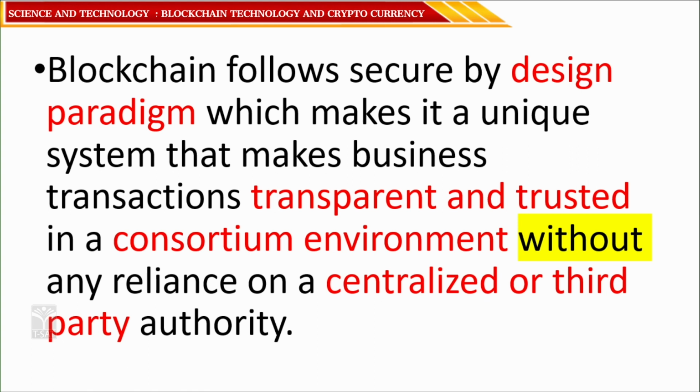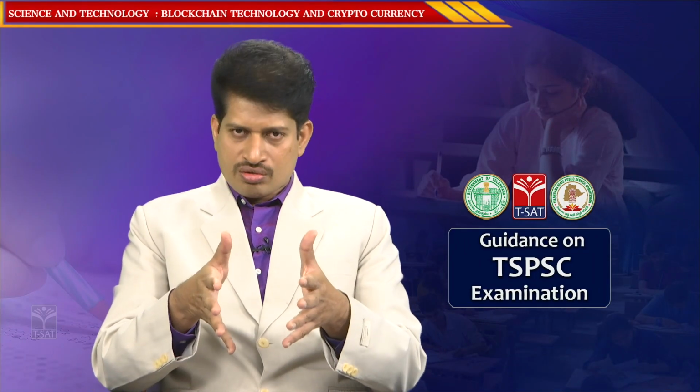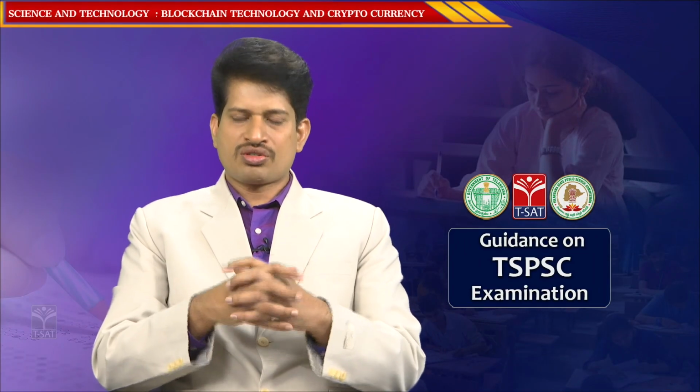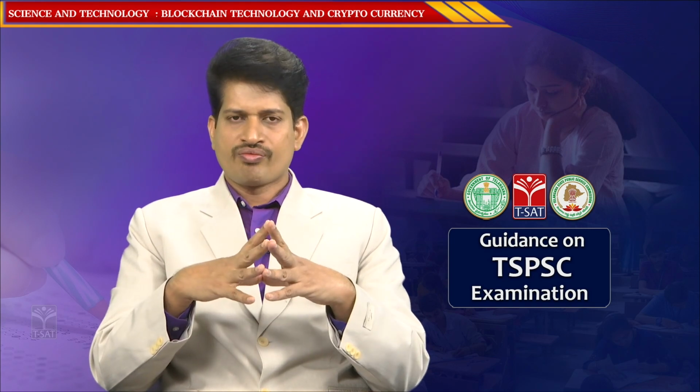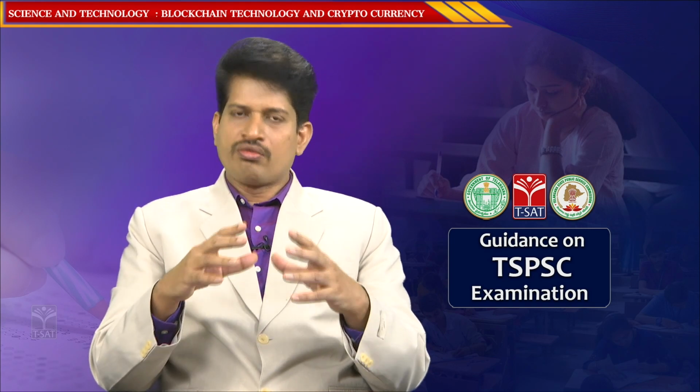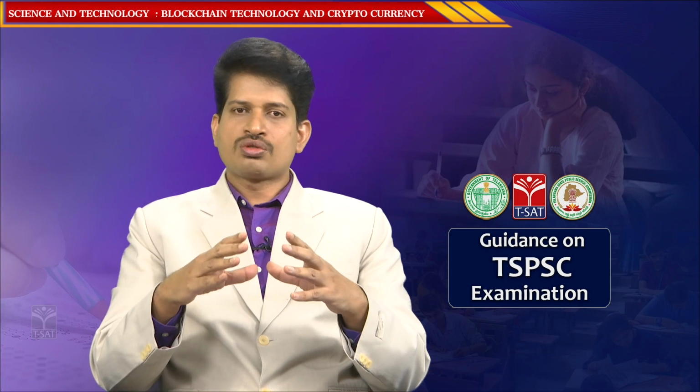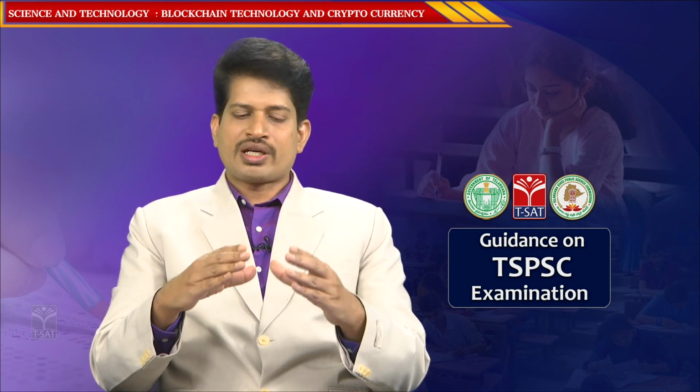A consortium environment is a kind of a cloud where both the parties have got access to the cloud in the process of transaction. A cloud is hardware which has got a configuration to store data and analytical capability, where the authorized parties have been given the choice to access.